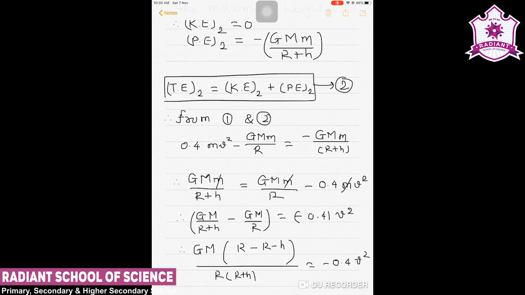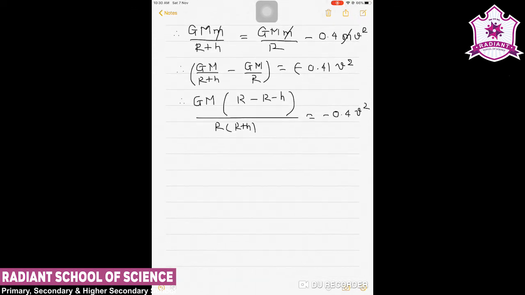Here we cancel out this R, and therefore minus h GM over R into R plus h is equal to minus 0.4 v square.